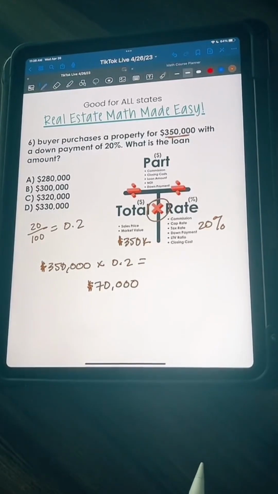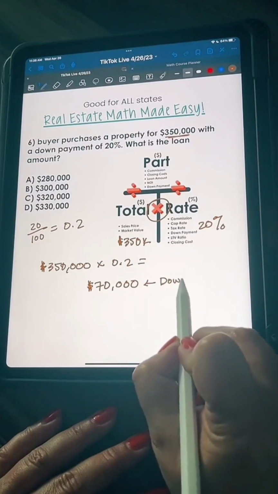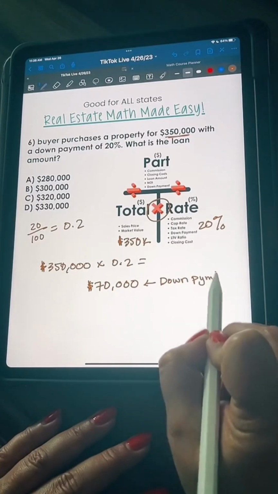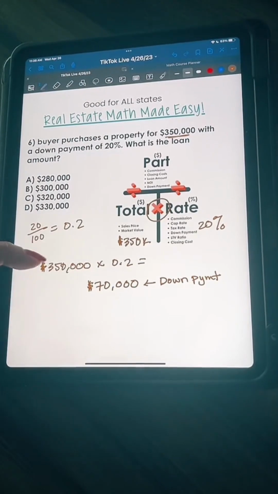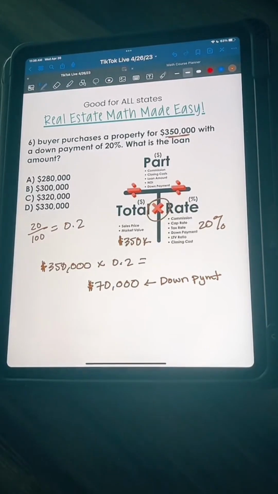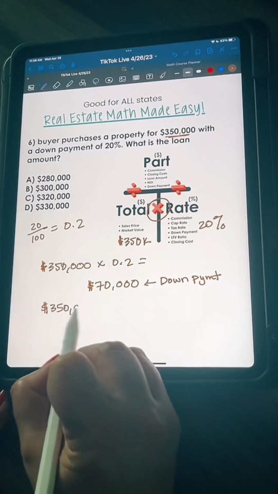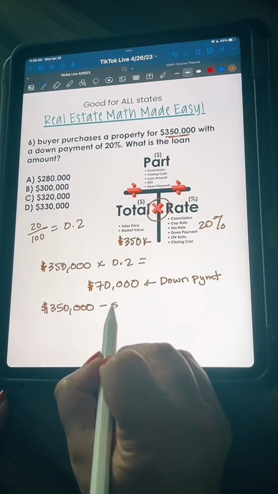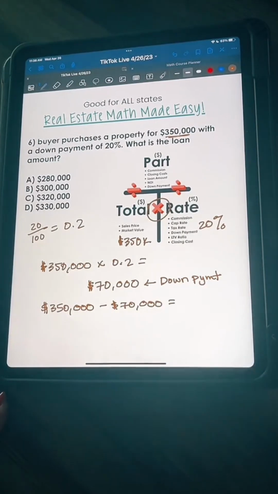Okay. That's the down payment amount. That's what they have to pay. So this right here is not our answer. This is our down payment amount. So because we know now the down payment, all we have to do is subtract it from this total cost right here. All right. So to find the loan amount. So we say $350,000 minus $70,000.